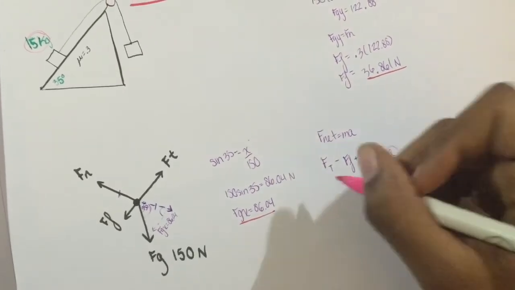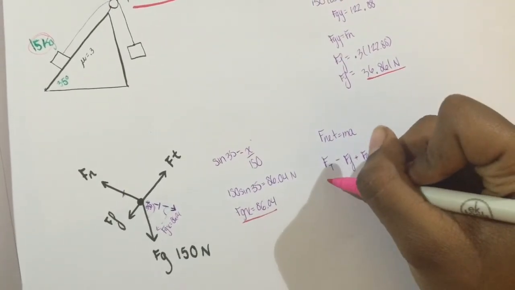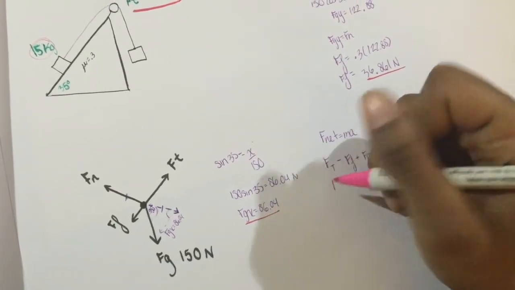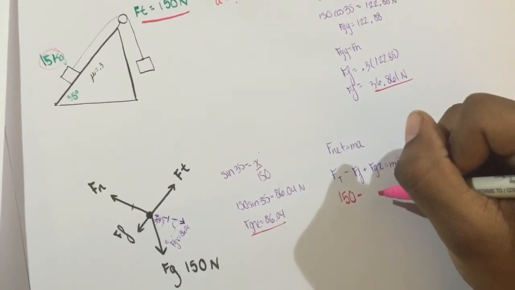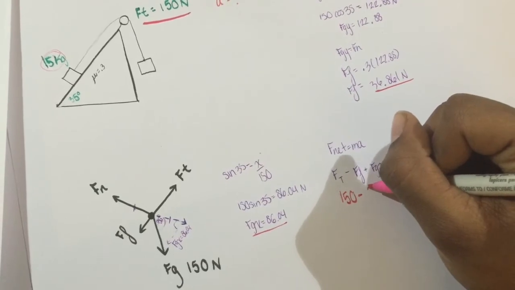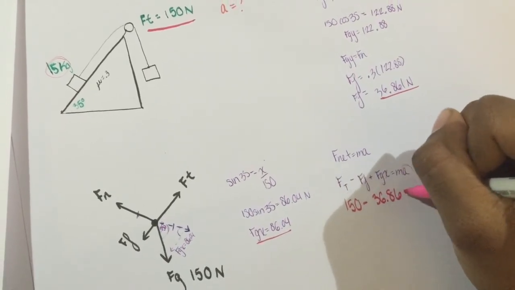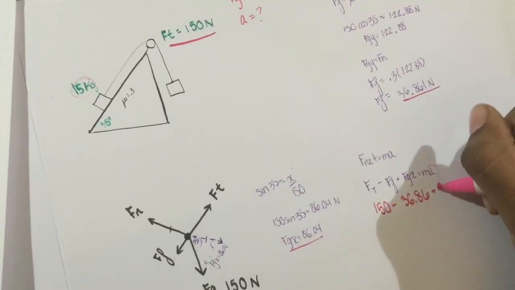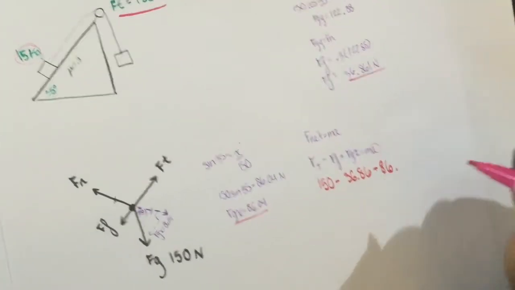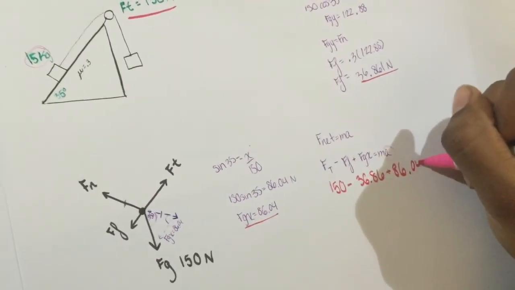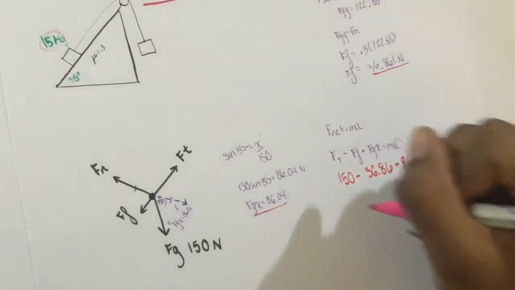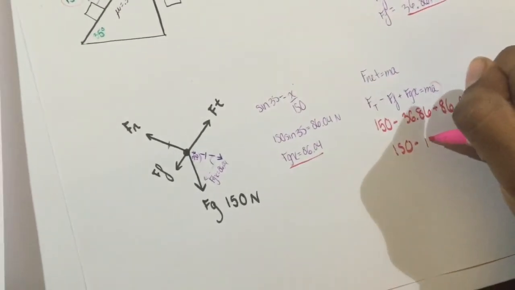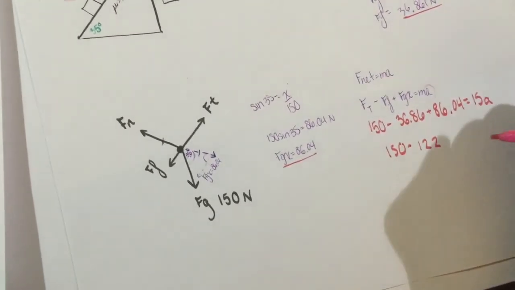So force of tension was 150 minus 36.836 plus 86.04 equals 15A. We're going to get 150 minus 122.